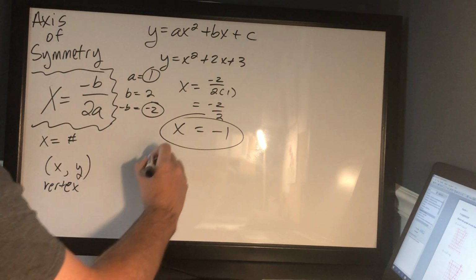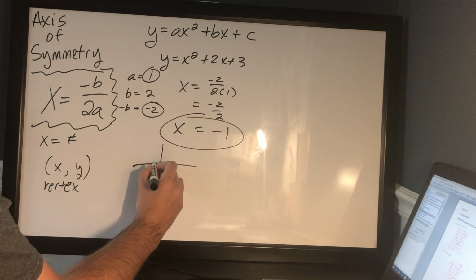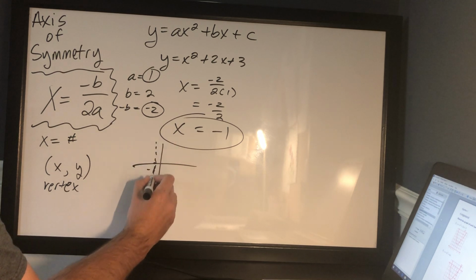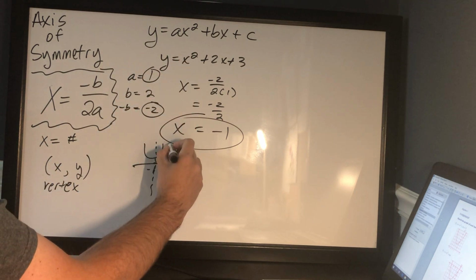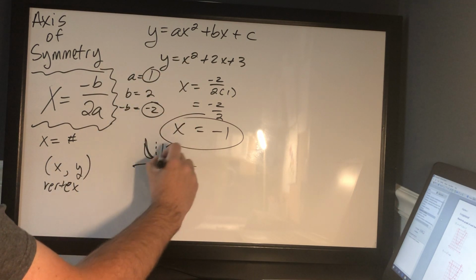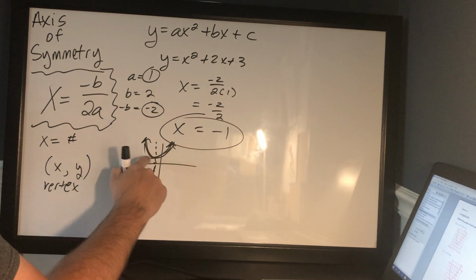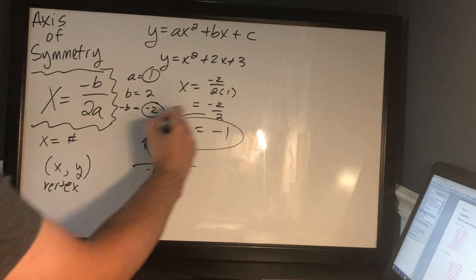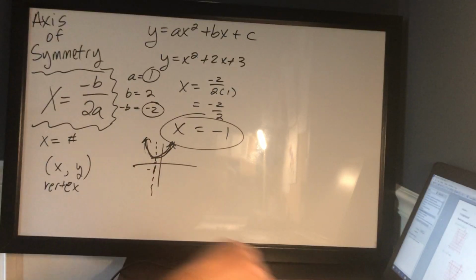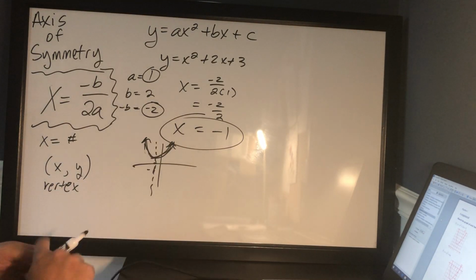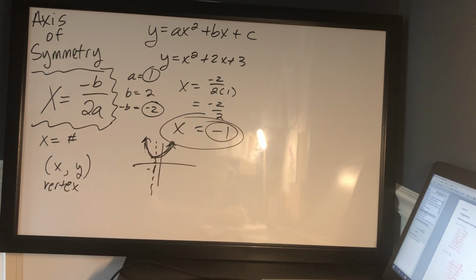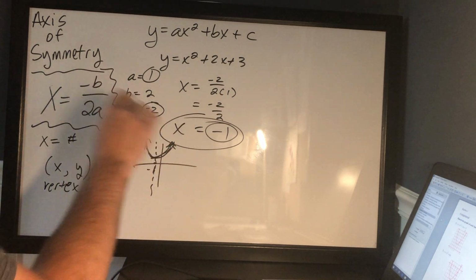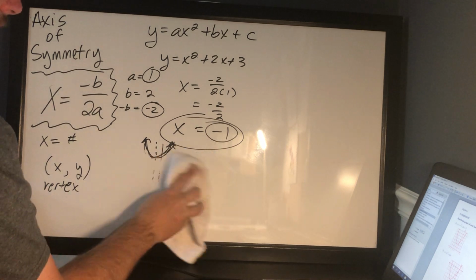What that means is that if we graph this, at -1 there would be a line, and we know our parabola opens up, so it would be symmetrical on that line, opening upward. Today all we're doing is axis of symmetry, and in the box you're just going to type what number the axis of symmetry is. In this case, you're just going to type -1 in the box, no x equals, no anything like that, just the number.